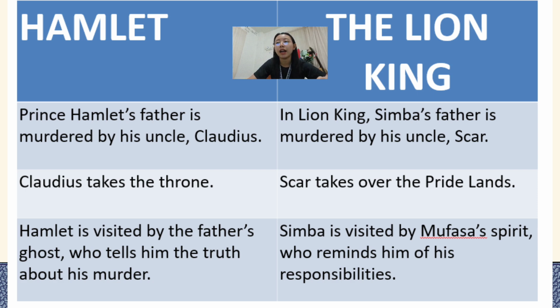Then, ikatulo, Hamlet is visited by the father's ghost who tells him the truth about his murder. So, maning nahitabo sa Hamlet katong nagpakita iyang papa. And then nagsulti ijang ang ghost ijang papa nga ang nagpatay ni ijang uncle lagi nga si Claudius. Same pod sa Lion King, nagpita pod ang spirito kitahi sa papa ni Simba nga si Mufasa. Nga nag-remind ni Jang nga dapat mo balik na siya dyan. Si Jang may mo take over sa Pride Land kay si Jang man dapat to.